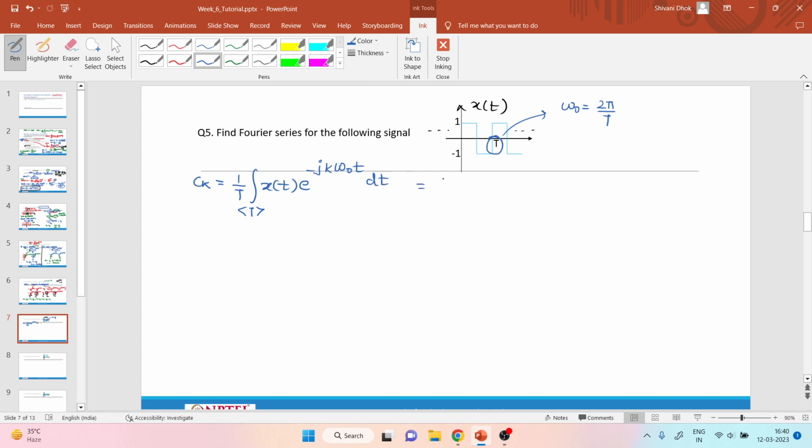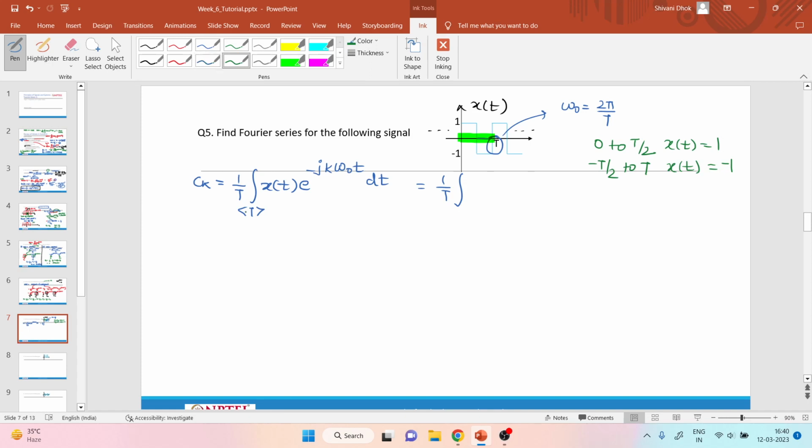This I can write as 1 by T integral. If I just consider the interval from 0 to T, then for 0 to T by 2, this x of t is equal to 1, and if I consider the interval from T by 2 to T, then this x of t takes a value of minus 1.